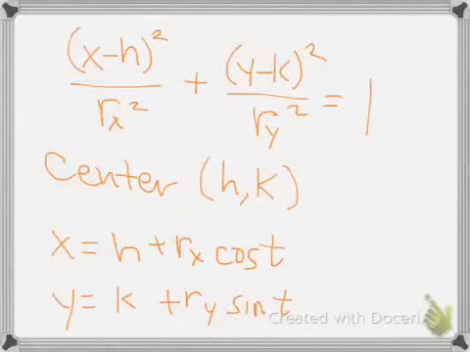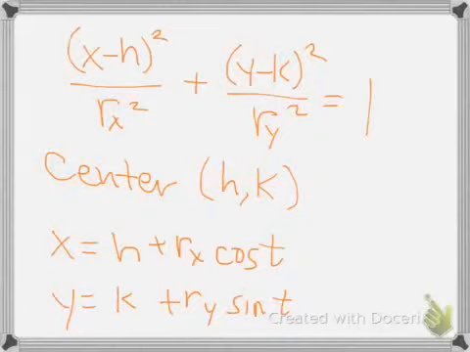So that is the parametric for an ellipse. Once you identify the center, x radius and y radius, you're able to plug it into the parametric equation. So basically that's all you have for an ellipse.